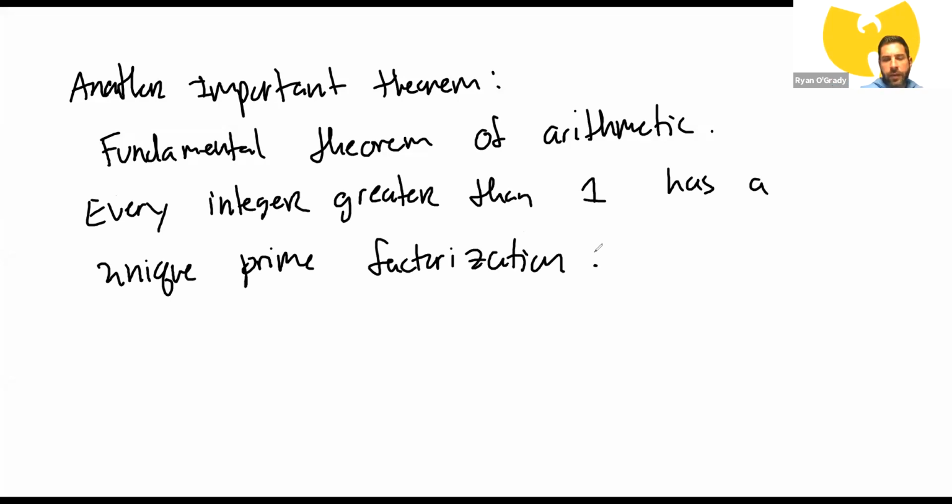So instead of thinking about why this is true, let's just look at some examples. Take something boring, like 35. Well, 35 is 5 times 7. Those are primes. Take something like 100. Well, 100 you can think of as 25 times 4, so that's 2 squared times 5 squared.